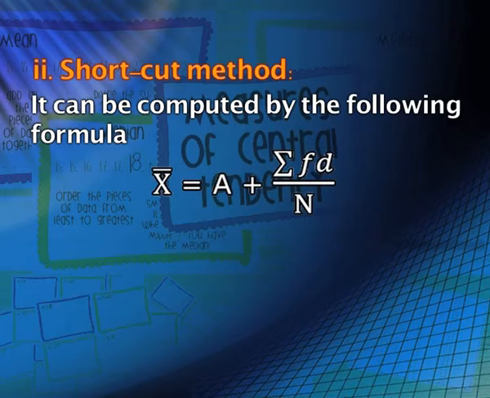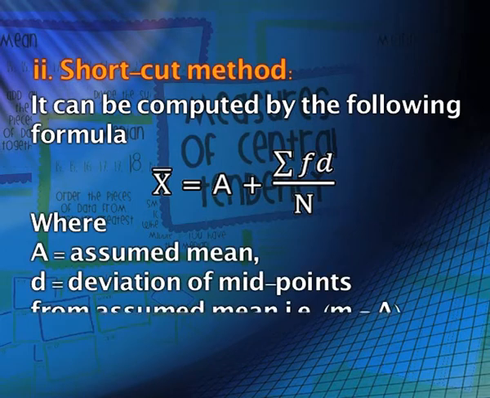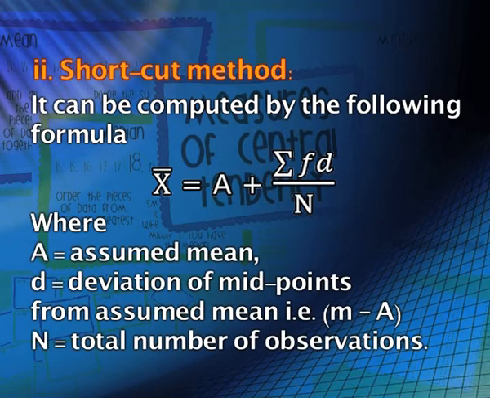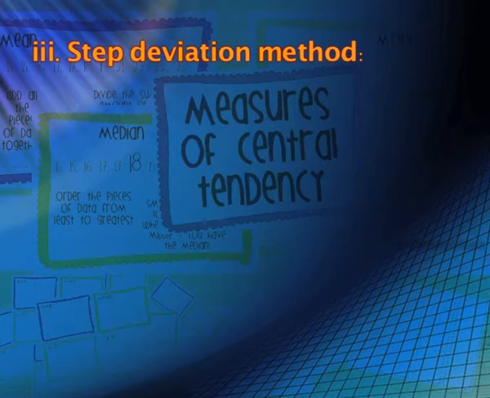X bar is equal to a plus sigma fd by n, where a is the assumed mean, d is the deviation of midpoints from the assumed mean, that is m minus a, and n is the total number of observations. We have the other method, which is called the step deviation method.